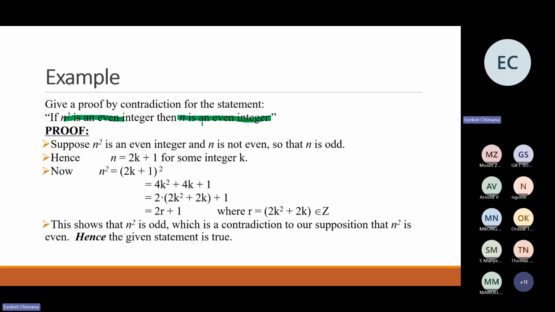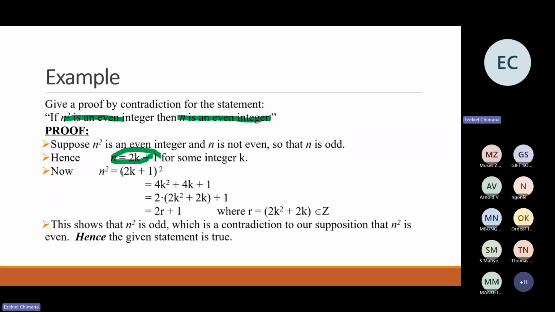So what you do there, you take n as an odd number, and then you square it, and then you see what you are going to get, right? And then you see if it is going to lead to a contradiction. So suppose n squared is an even integer and n is odd. Hence, n equals 2k plus 1. Remember, from the basic steps, we have said that whenever we have got something in the form of 2k plus 1, that number is going to be an odd integer.